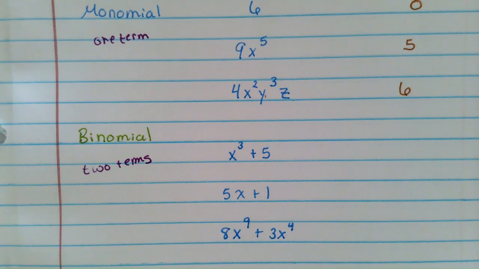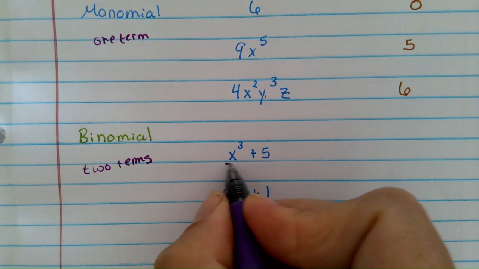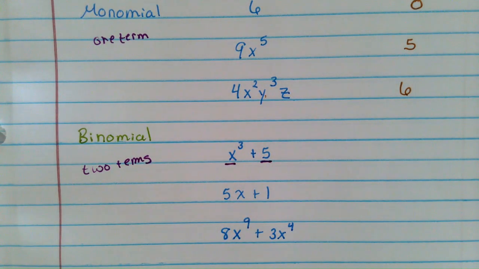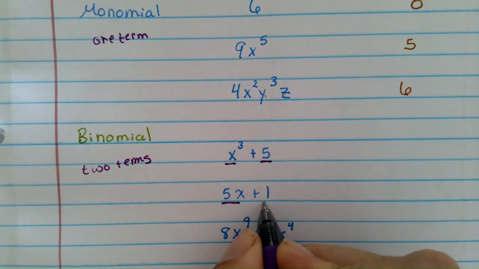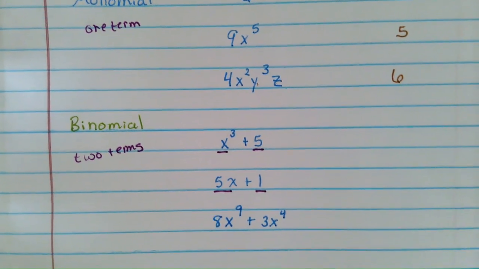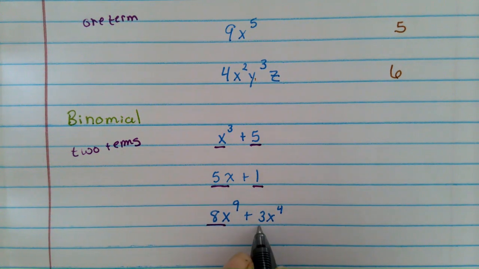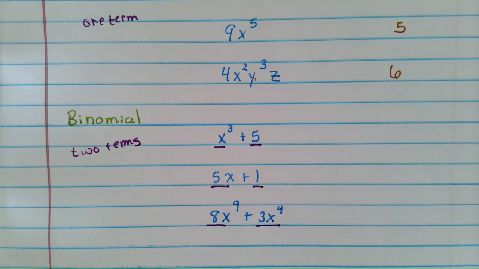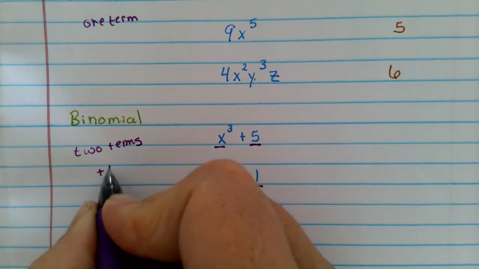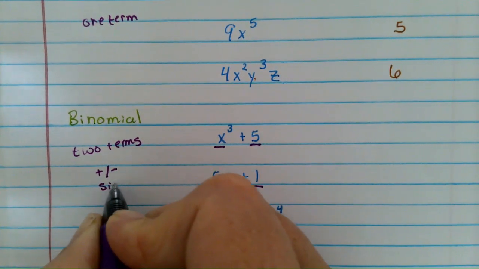These are all binomials. So what separates a term? Well, a plus, it could be a minus, an adding or subtracting sign. Keep in mind that subtracting is just adding a negative. Okay, so they're separated into 2 terms or 2 groups. You separate them by an adding or subtracting sign.